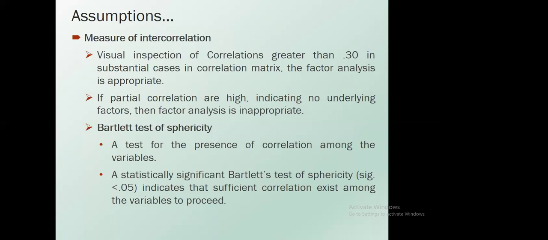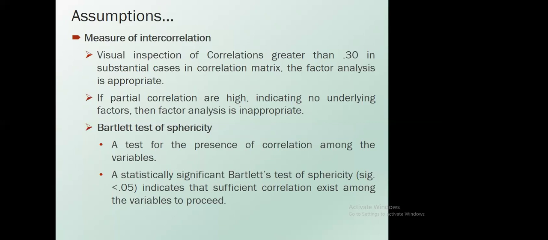What do off diagonal elements mean? The elements which are other than the diagonal. That's an identity matrix. I'm repeating it once again: diagonal elements are 1 and off diagonal elements are 0.